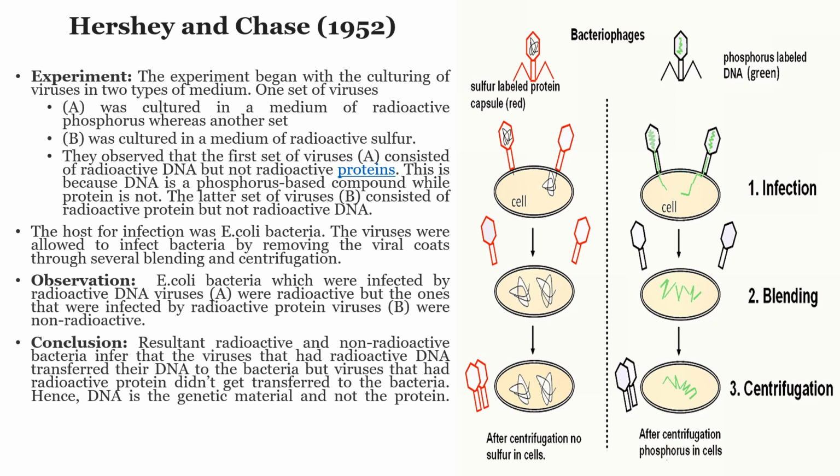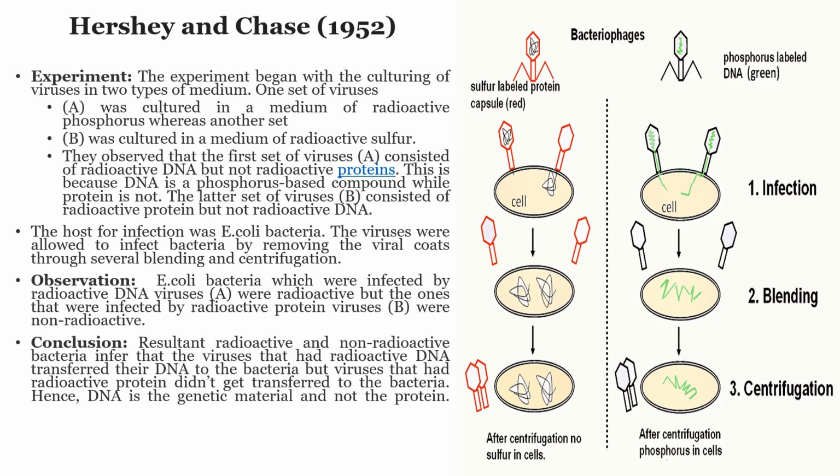Then we have Hershey and Chase experiment. The experiment began with culturing of virus into two types of medium. One set of viruses, A, was cultured in the medium of radioactive phosphorus, whereas another set, B, was cultured in the medium of a radioactive sulfur. They observed that the first set of virus A consisted of radioactive DNA but not radioactive protein.